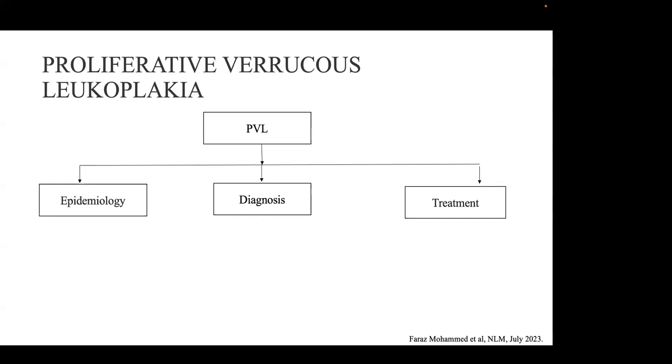It initially presents as a single leukoplakic area, which could be on the gingiva, oral mucosa, or tongue. Over time, the lesions become diffuse, and they could develop exophytic, wart-like, erythroplakic areas and transform into squamous cell carcinoma. The diagnosis is again based upon the clinical findings and histopathological features.